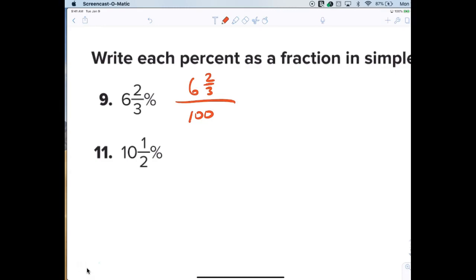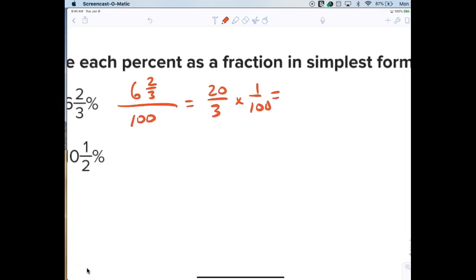Now let's do the first one by hand. All right, so what do I have to do with 6 2/3? Which is 20 over 3 times what? 1 over 100. Final answer? Shh, hold on a minute. 1 over 15.